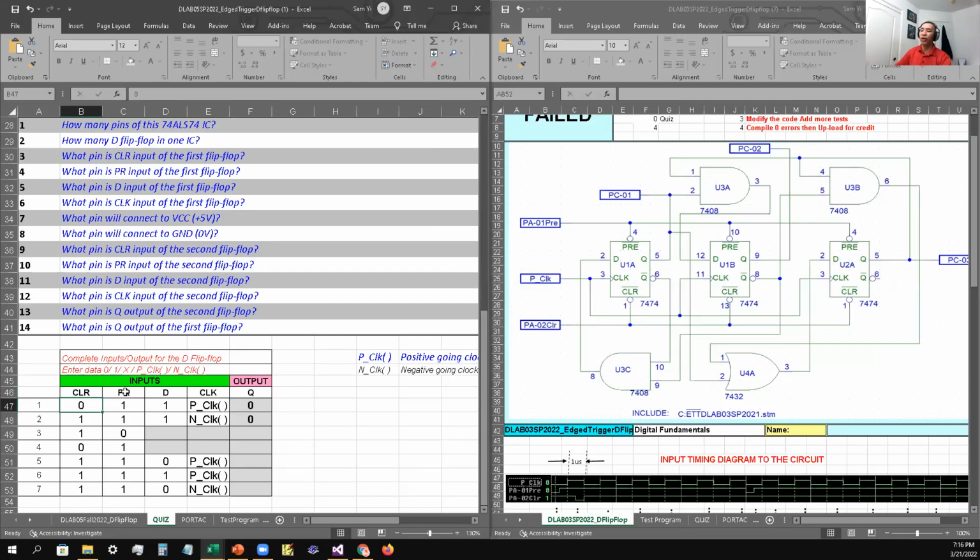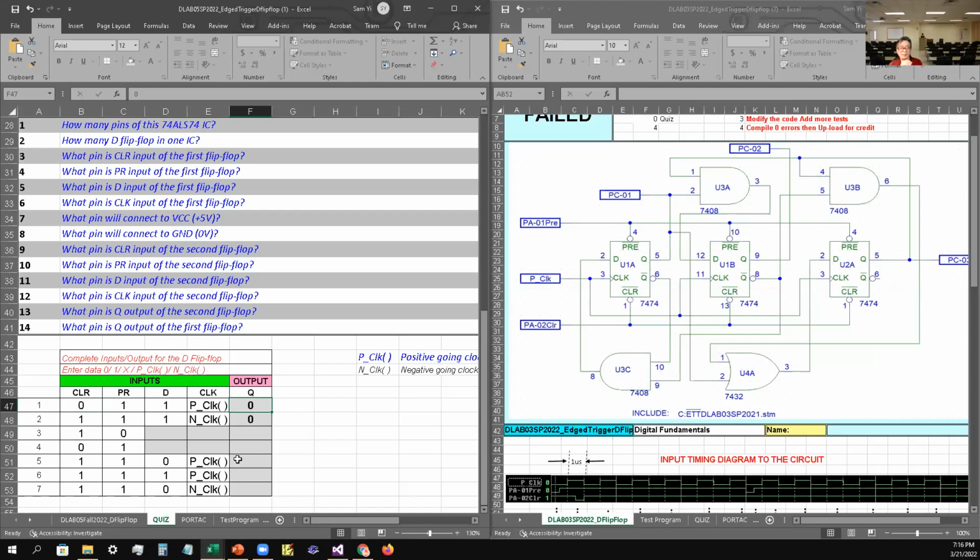If it's on pre, then it would put the Q to high. And if not, then it goes to 1 and 1. Then it depends on the clock. If the clock is a P clock, then it would take the value of D. In this case, it's an end clock, so therefore it cannot take any value except the value from the previous output.